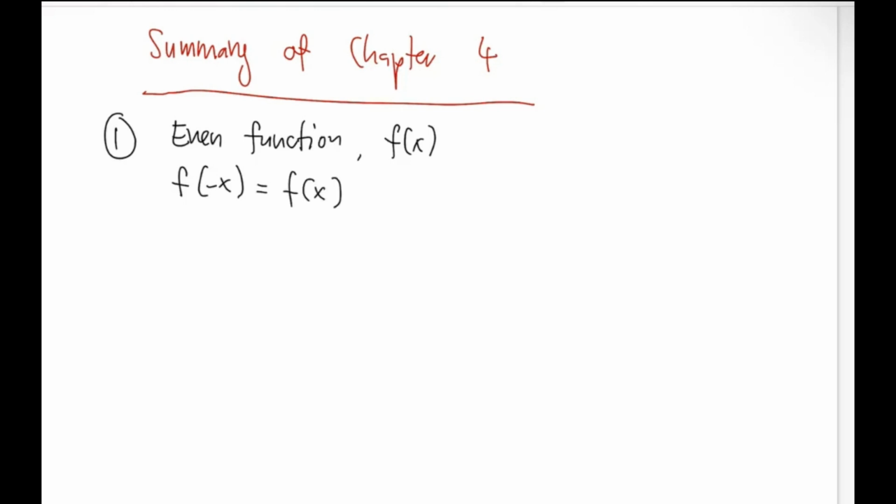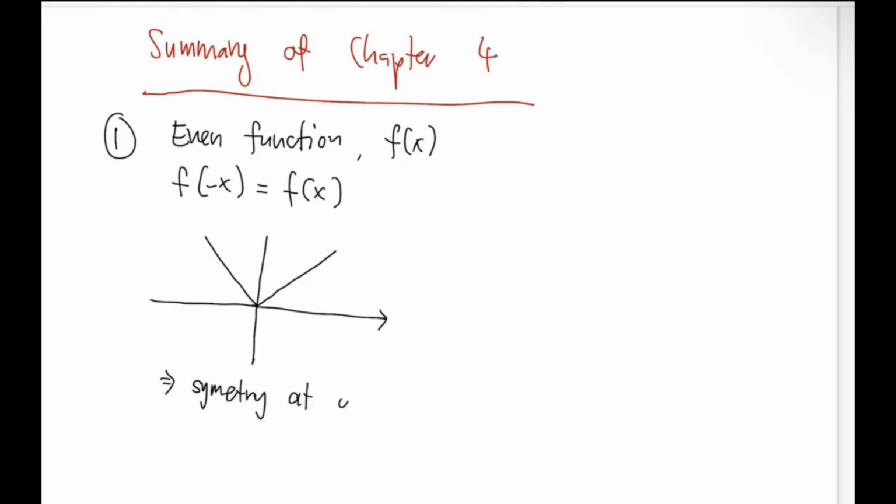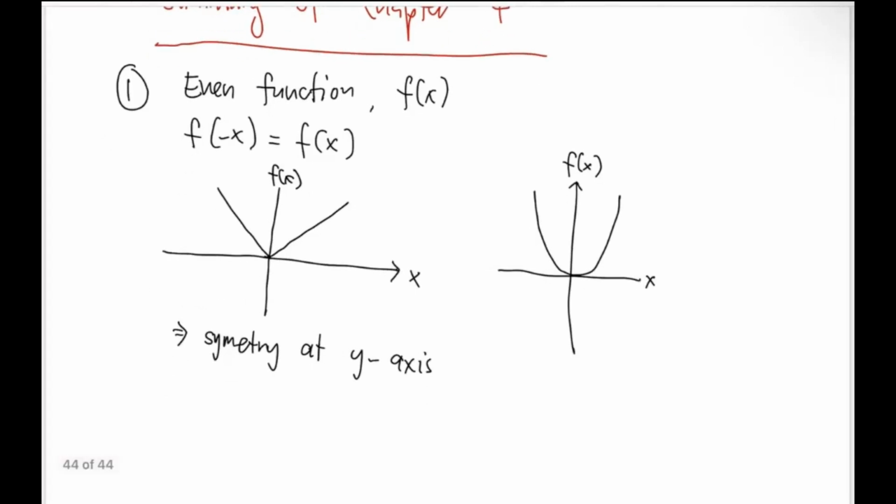So this is an even function. If I draw the graph, I get the left hand side equal to the right hand side. This is symmetry at the y-axis. One example: this is x, this is f(x). Or maybe this one. So this is an even function.